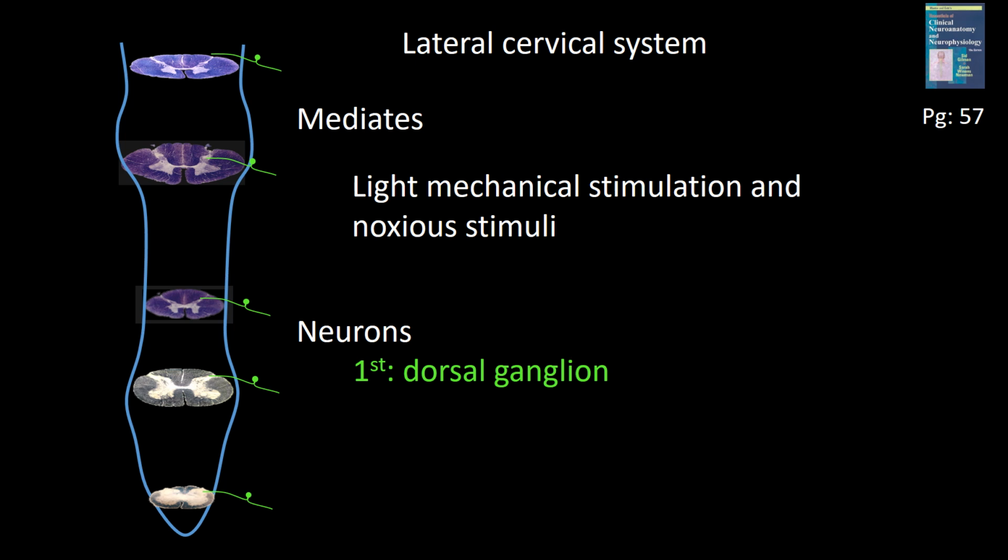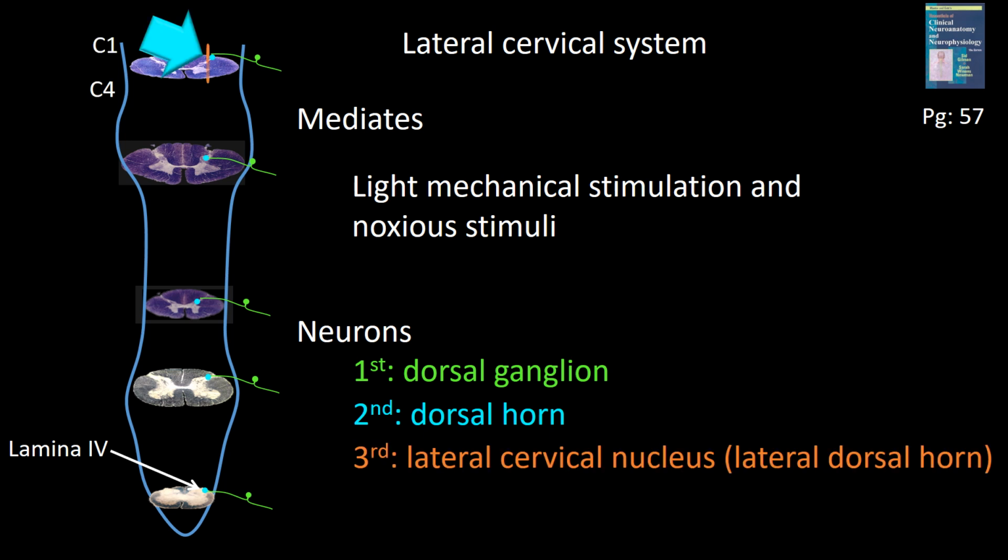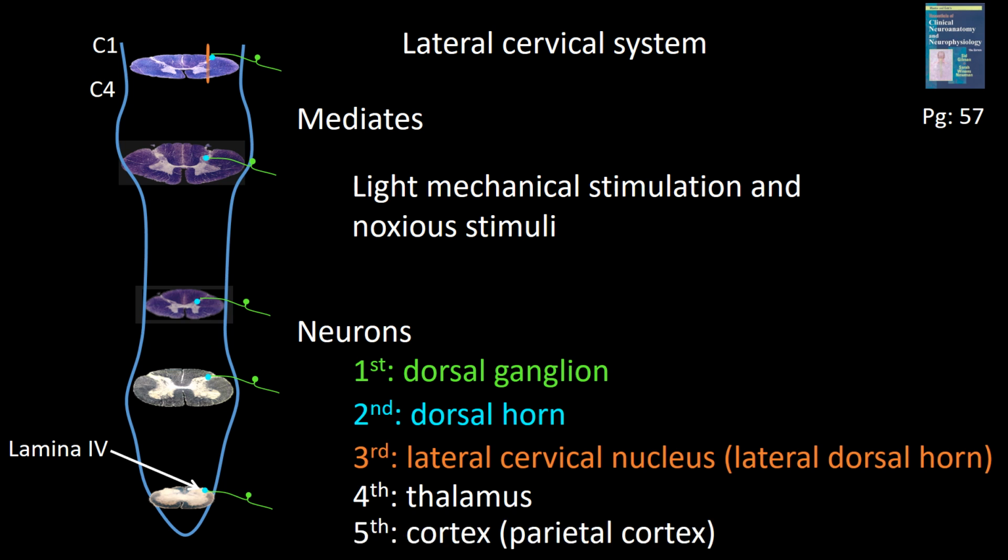The first neuron is in the dorsal ganglia, represented in green. The second neuron is in lamina 4 of the dorsal horn throughout the length of the spinal cord, represented in aqua. The third neuron is at the lateral aspect of the dorsal horn, inching into the lateral funiculus. The fourth neuron is in the thalamus, and the fifth neuron at the cortex in the postcentral gyrus.